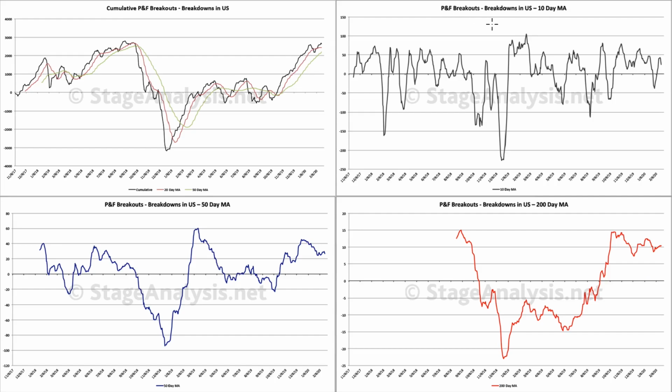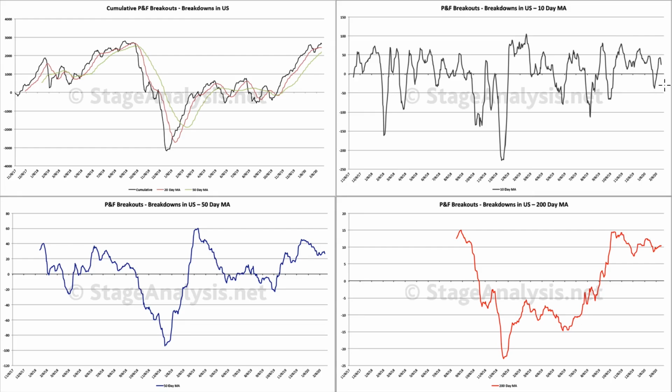The remaining charts are the 10-day moving average, the 50-day moving average, and the 200-day moving average. These are the moving averages of the P&F breakouts minus breakdowns, not the cumulative line. These give something similar to the momentum index in the advance decline line. As you can see, we've got a minor divergence here.